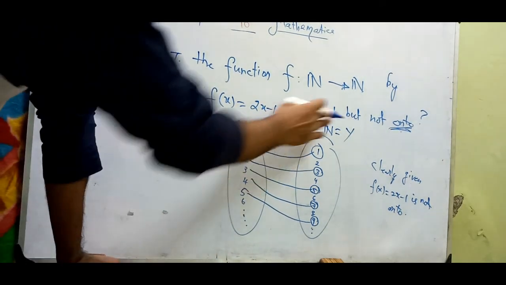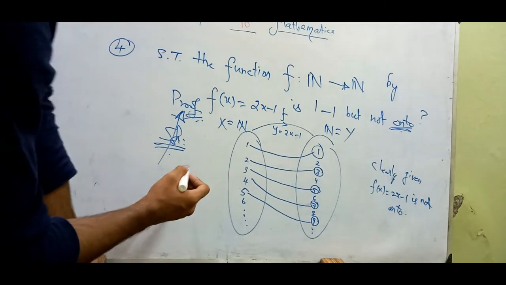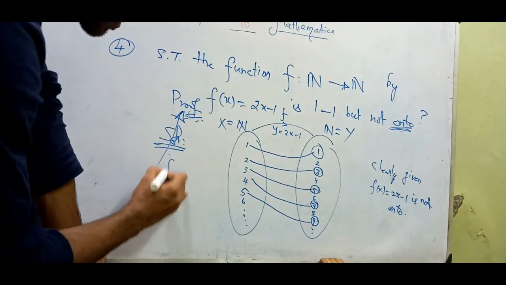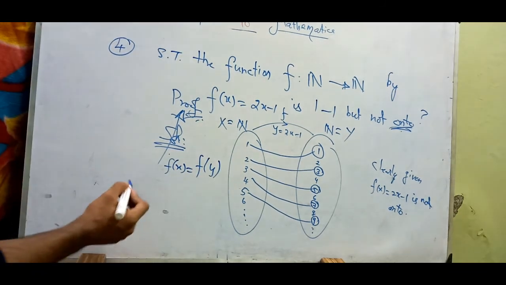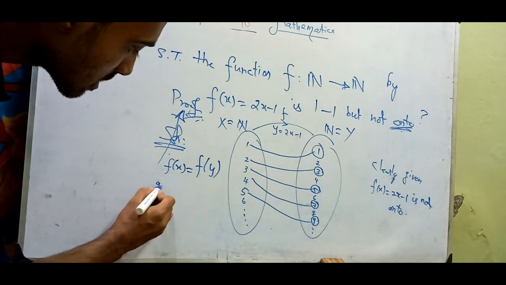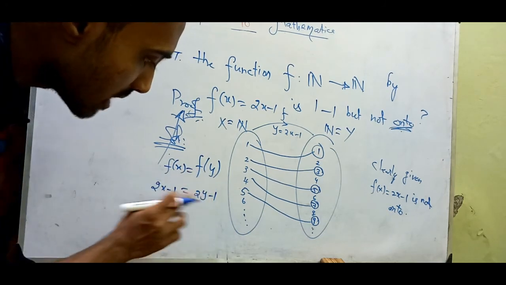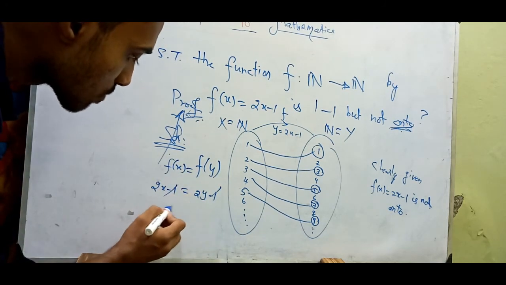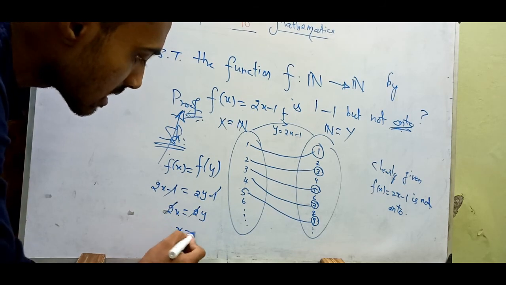These are the definitions for a function to be 1-1. Or you can also verify in the mathematical way: f of x equals f of y. So f of x equals f of y means 2x minus 1 equals 2y minus 1. Just replace x by y. Minus 1 and minus 1 will get cancelled. 2x equals 2y, the 2 will get cancelled. x equals y.